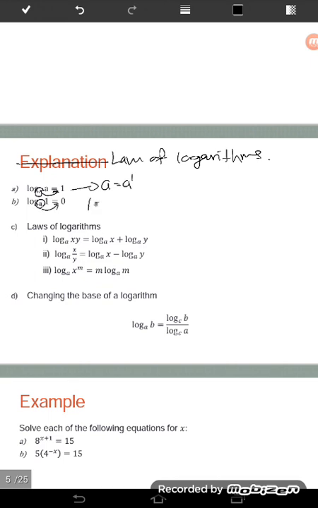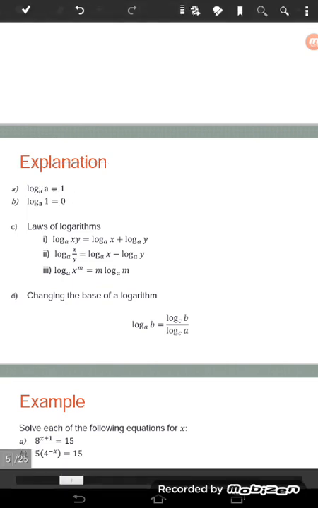So 1 is equal to a, tendang kosong naik atas, become a power of 0. Any number power of 0, the answer is 1. So it implies that log 1 base a is equal to 0. Log apa-apa base apa-apa, which here is 1, the answer is 0.